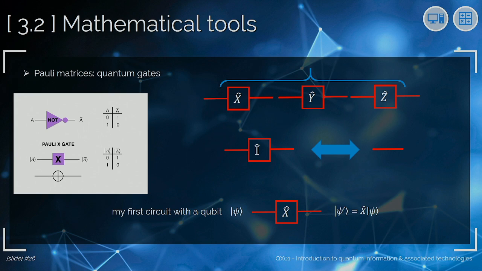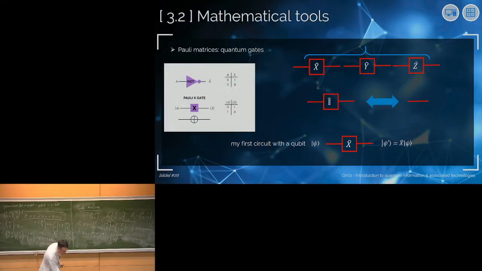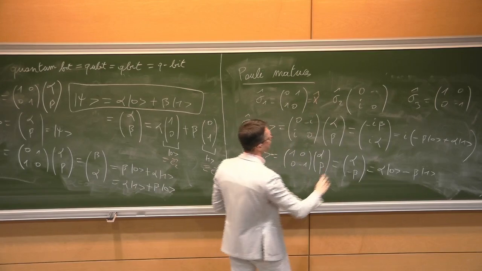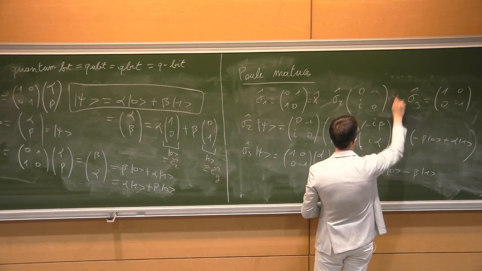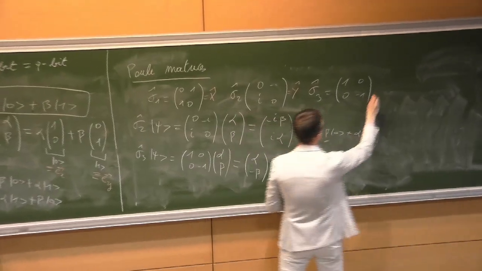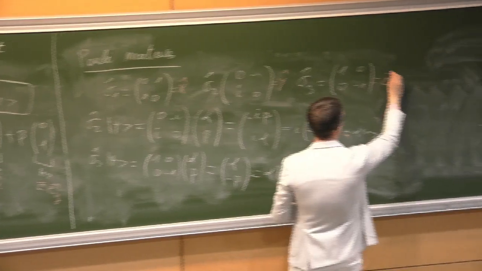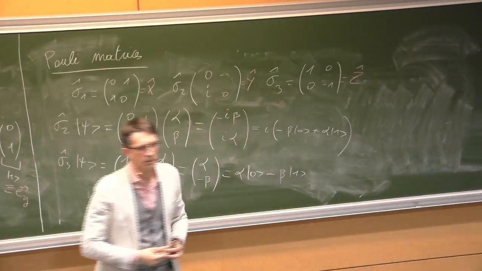It will make sense once we look into the Bloch sphere representation. But this one is called the X gate. This one is called the Y gate. And this one is called the Z gate. Okay.